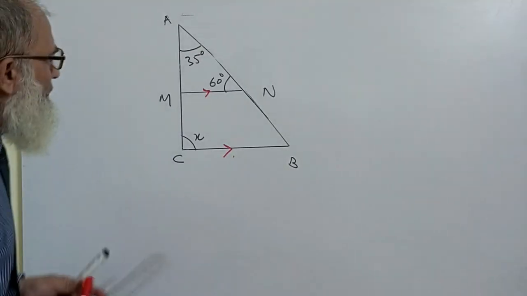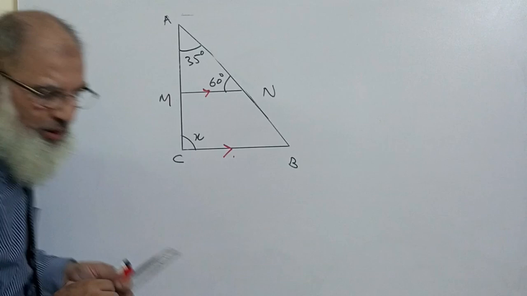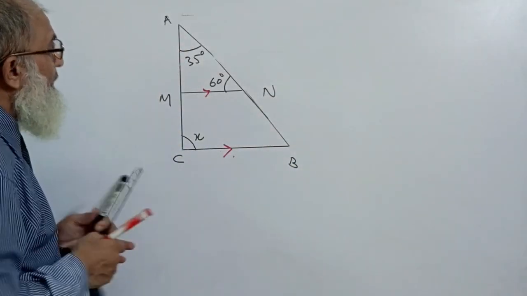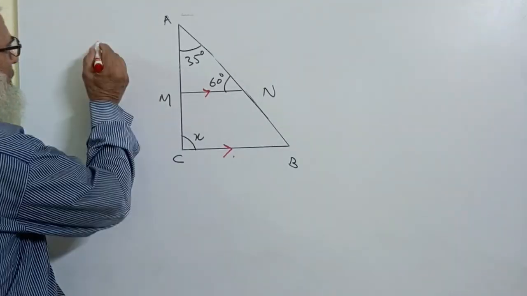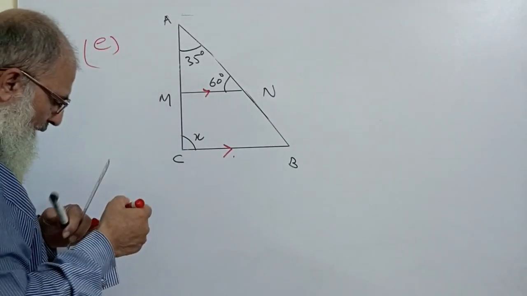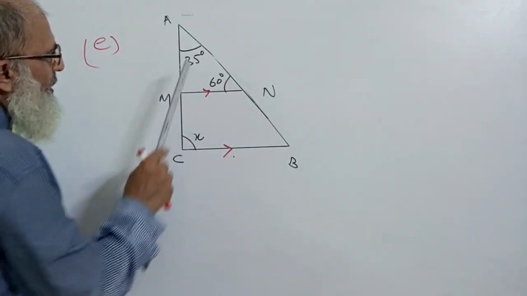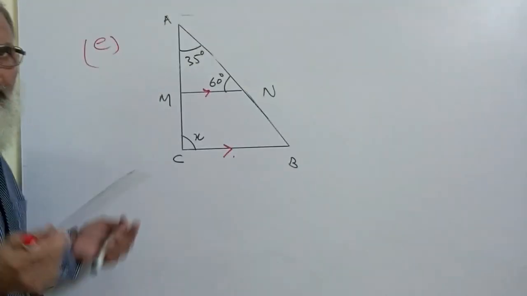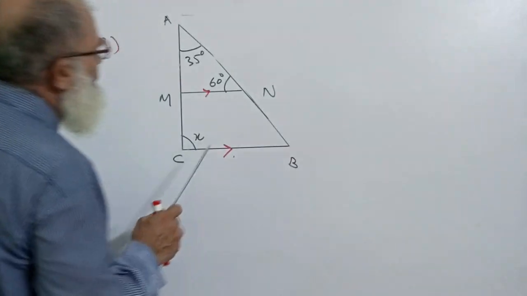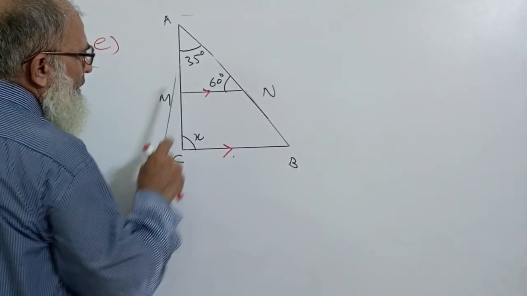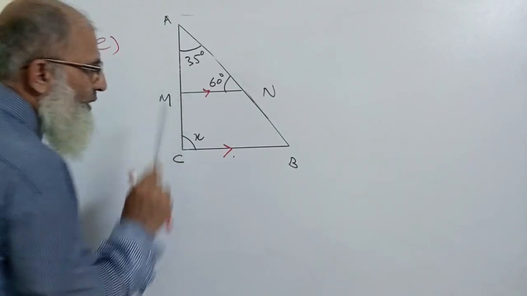Now dear students, this is a very simple question. Once again, this is part E of question number 3. You can see that there are two parallel lines given. So when parallel lines are given, then it is no problem. So what will we do? We'll find this angle, because this angle is equal to this angle.